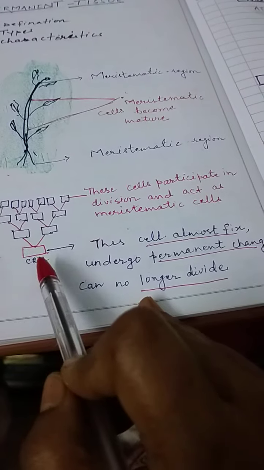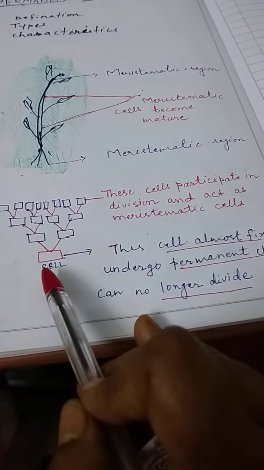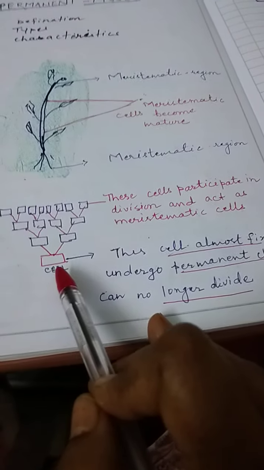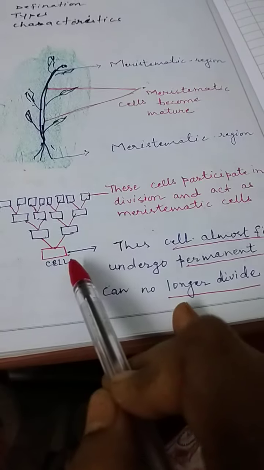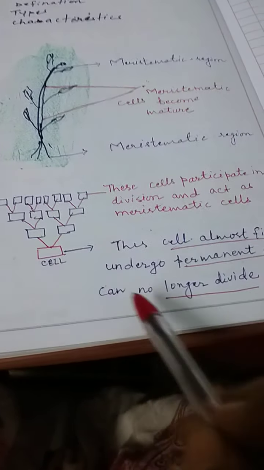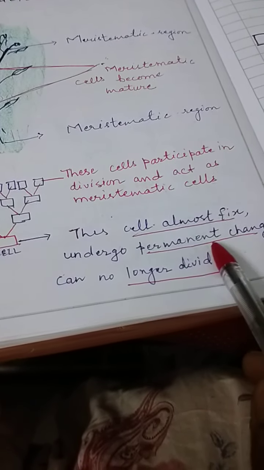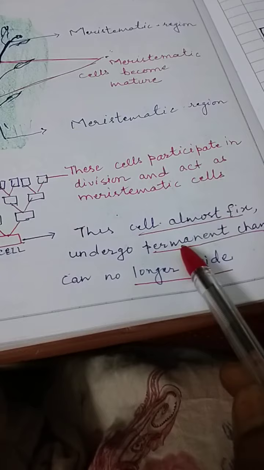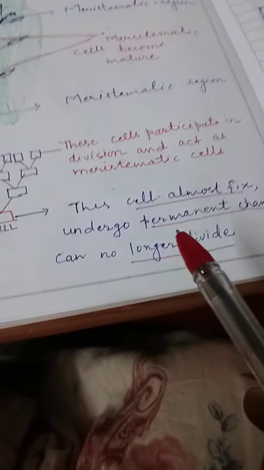When they attain maturity, they do not divide further and get differentiated into a fixed, specific shape and specific size.